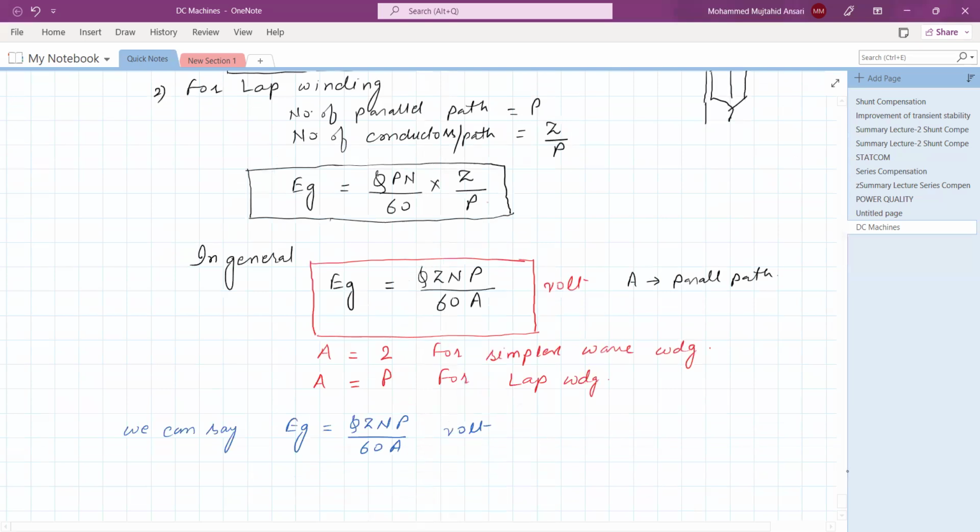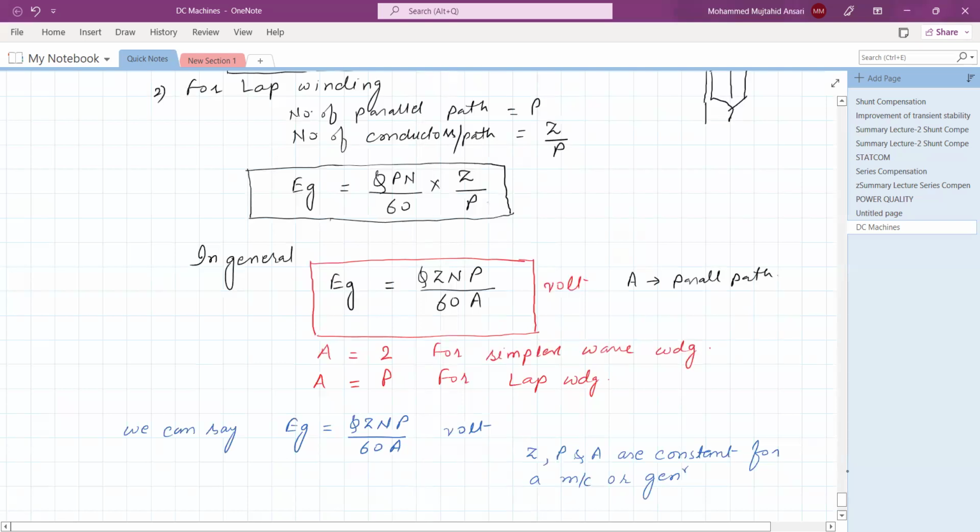So under such a condition, the parameters Z, number of poles P and A are constant for a machine or generator. It is fixed during construction only. Once we design or construct the machine, what are the variable parameters remaining?